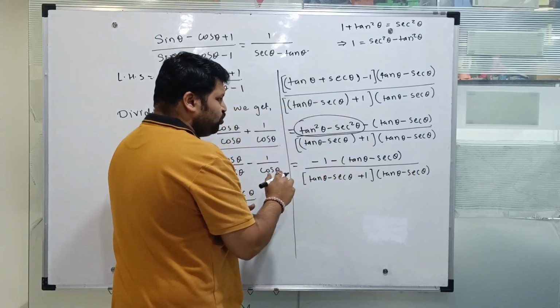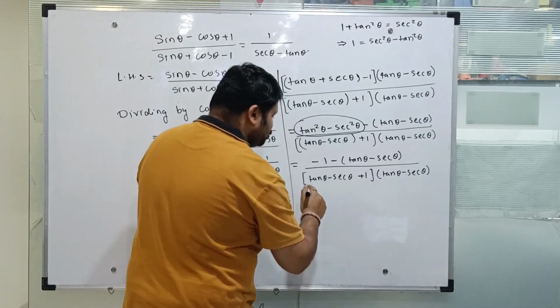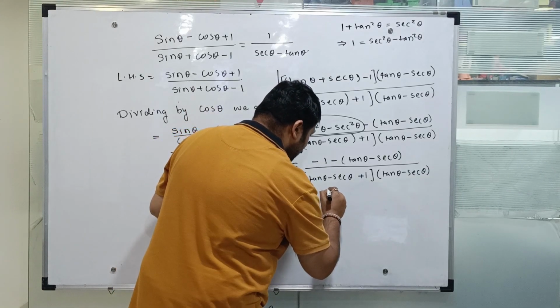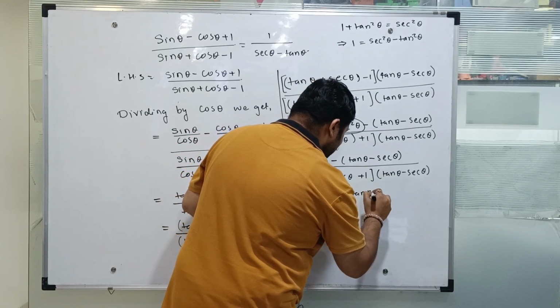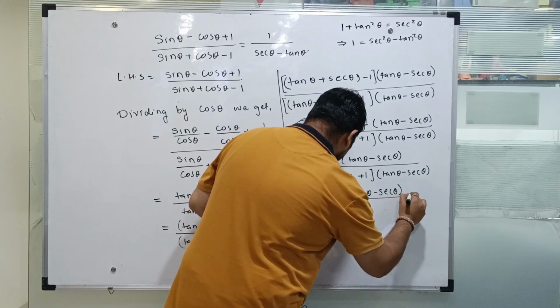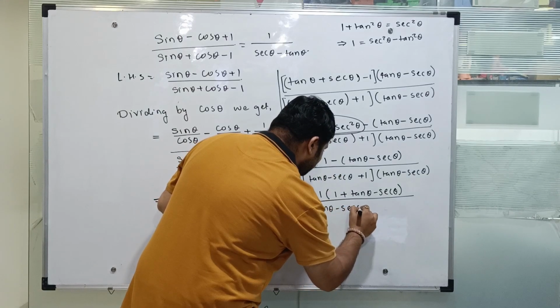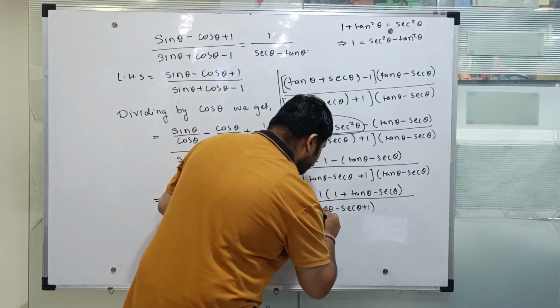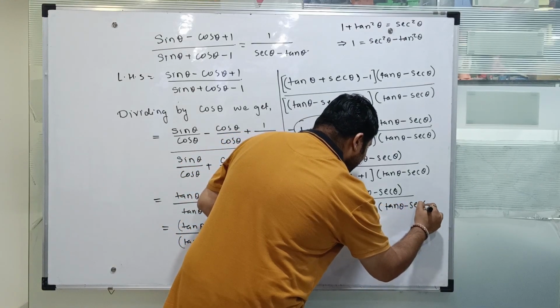Now let us open up this bracket and see what we get. So if I take minus 1 outside, I can write 1 plus tan theta minus sec theta divided by tan theta minus sec theta plus 1 times tan theta minus sec theta.